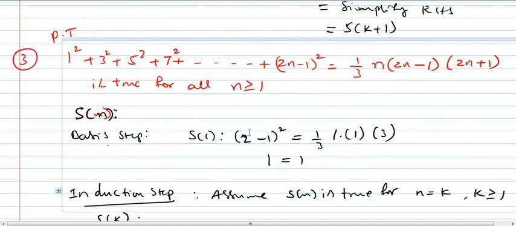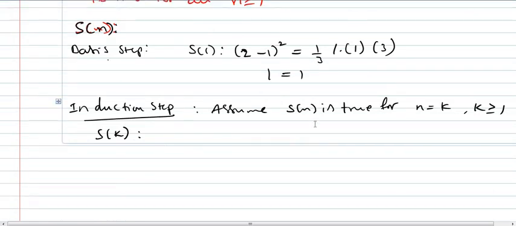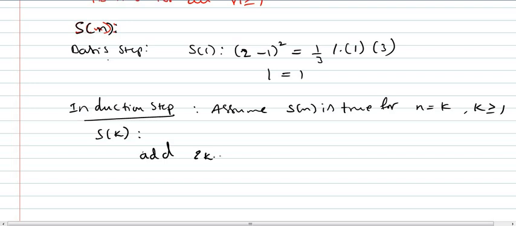Then look at the term. Here 2n minus 1 whole square is the last term of the series, so the next term of the series is given by 2k plus 1 whole square.